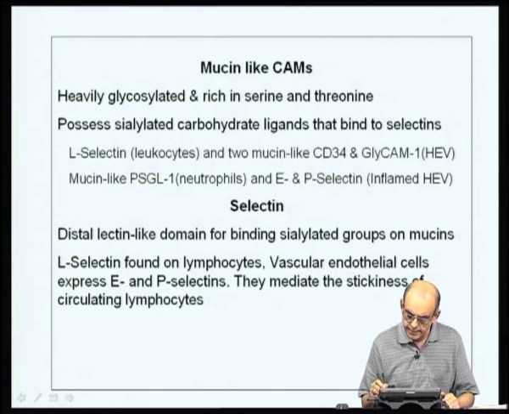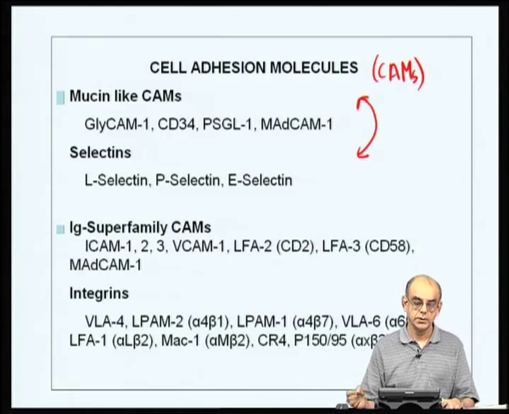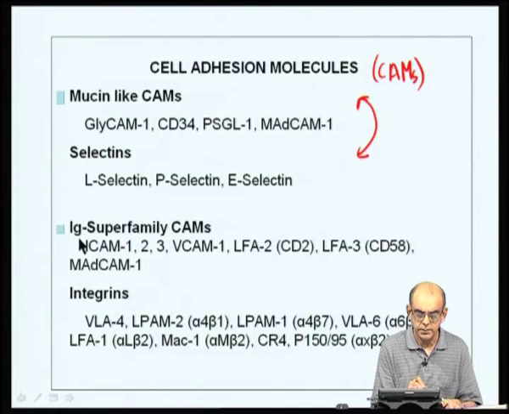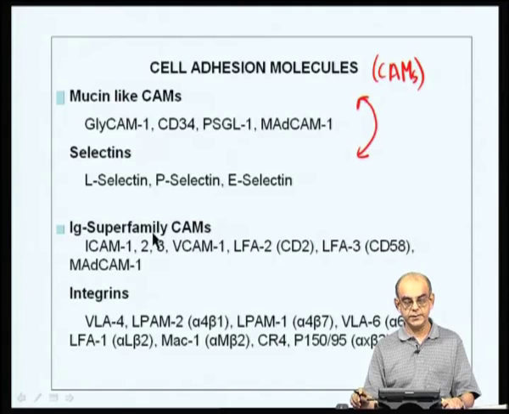So, now going back to this family of cell adhesion molecules. These are the two types, two families. In addition to these two families, you have what is called the immunoglobulin superfamily of cell adhesion molecules.